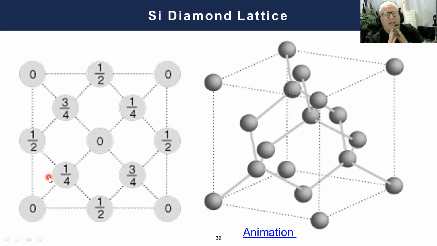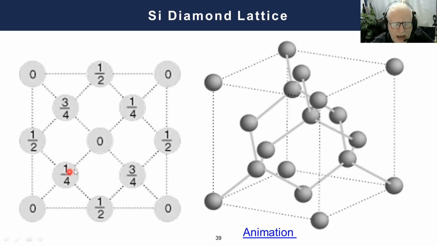So for a steady state condition for silicon, each silicon atom should have 4 direct neighbors. Let's now see this example. For example, this one, I'm pointing to the one on the bottom left corner, if you can see my pointer.